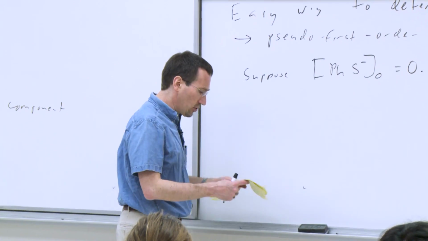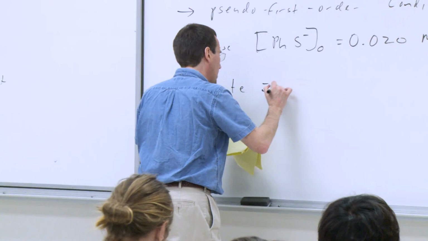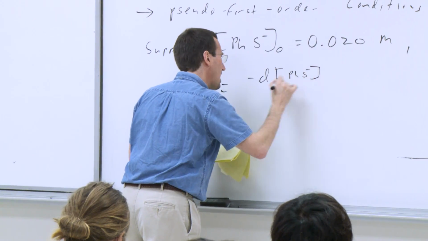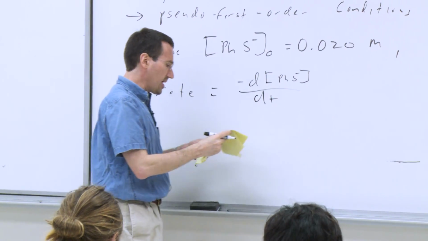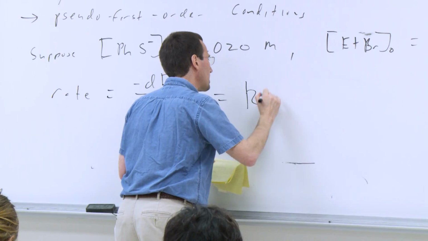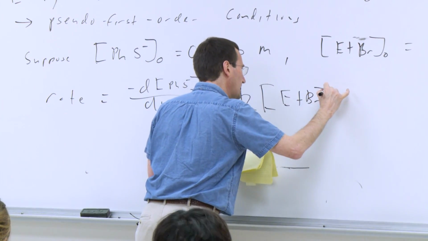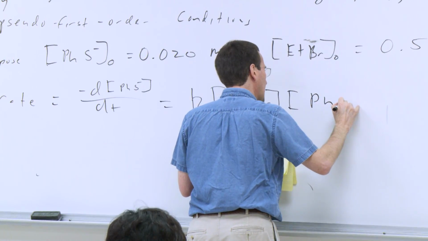So now we can treat this as first order. In other words, we can say that our rate equals negative d concentration of benzene thiolate dt, the consumption of our reactant. That's equal to k times the concentration of ethyl bromide, right? This is our rate equation for bimolecular kinetics.